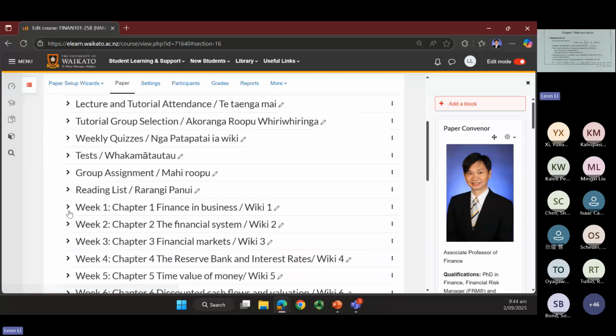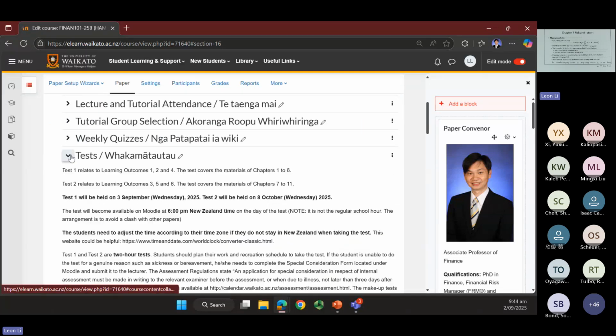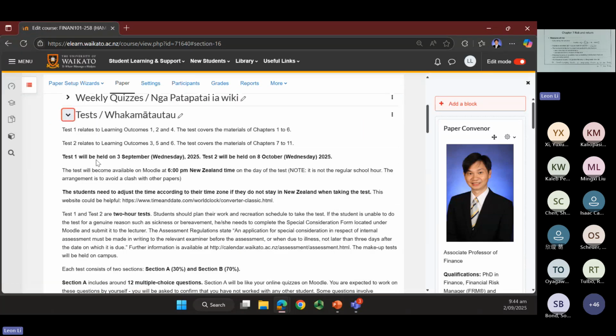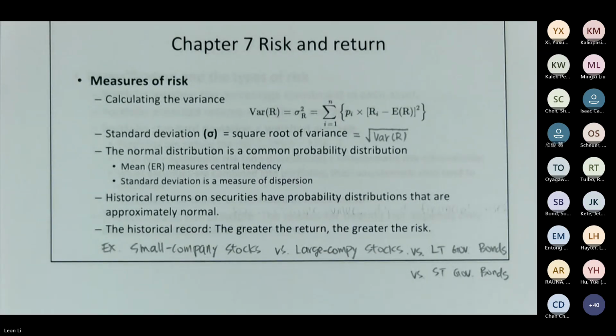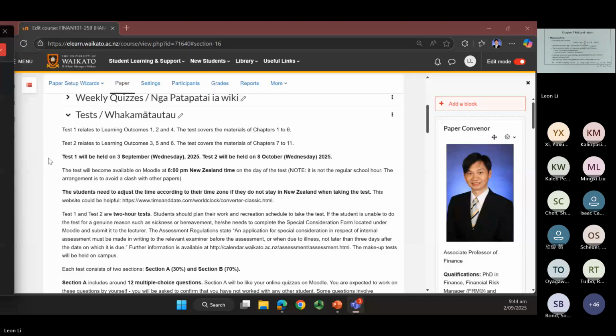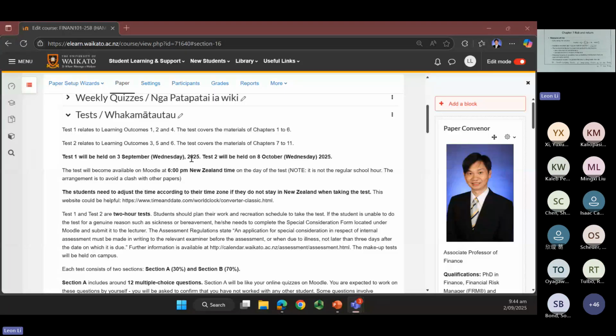So I'd like to remind you again about our test. So we will have test 1 on this Wednesday. All right, this Wednesday is very important. The time for the test is 6 p.m. Right, 6 p.m. is not your normal school hour.